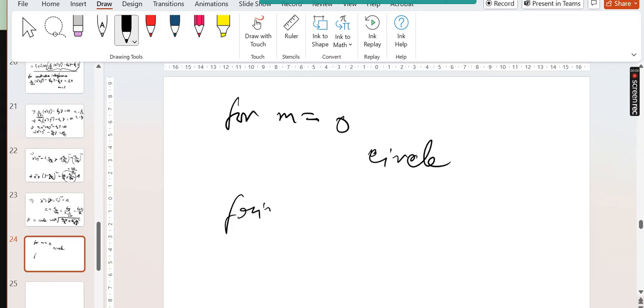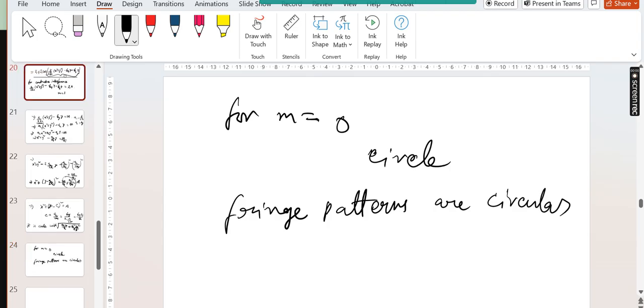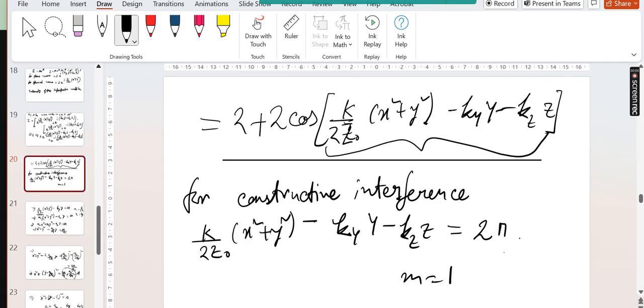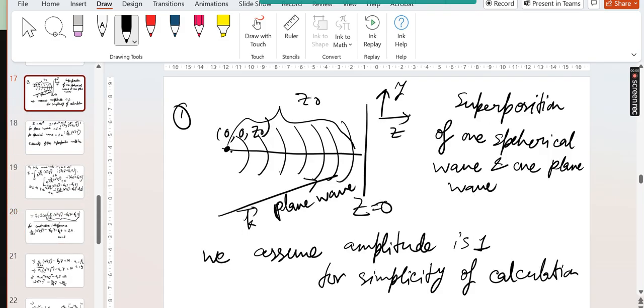So the fringe patterns are circular for a case where the spherical wave and plane wave interfere, when the plane wave is at an angle and the spherical wave is coming from a point on the z axis, which is at z0 distance away from the screen.